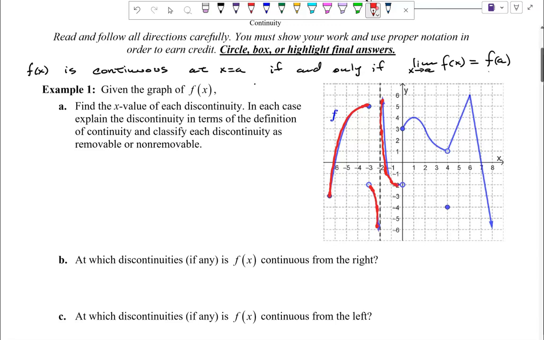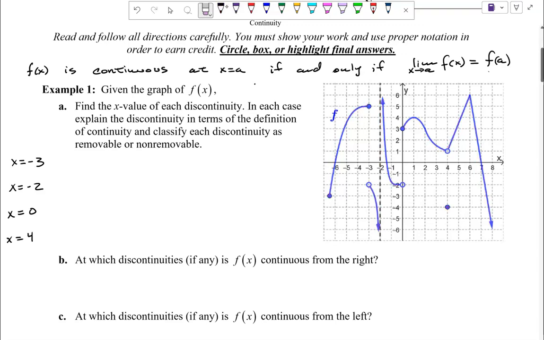Pick it up again at x equals 0 and pick it up again at x equals 4, like that. And so that means we have discontinuities at x equals -3, x equals -2, x equals 0, and x equals 4.